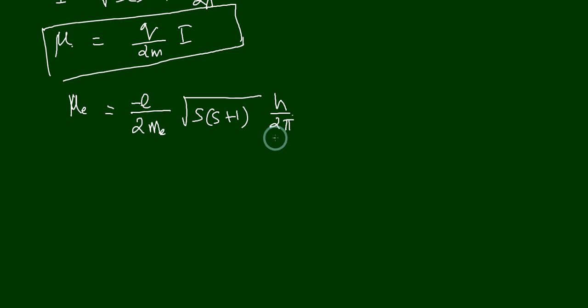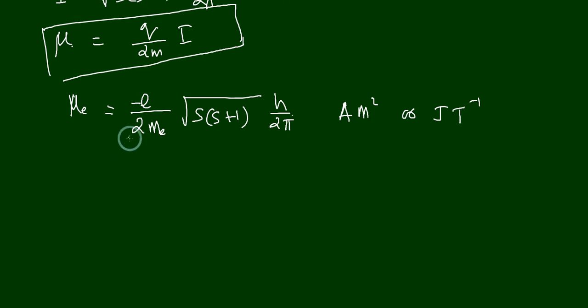And the unit of this one is ampere meter square, or you can say joules per Tesla. 1 ampere meter square is equal to 1 joules per Tesla. So you can express this either in ampere meter square or in joules per Tesla.